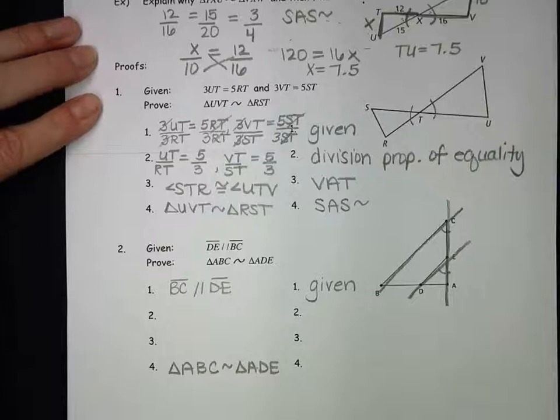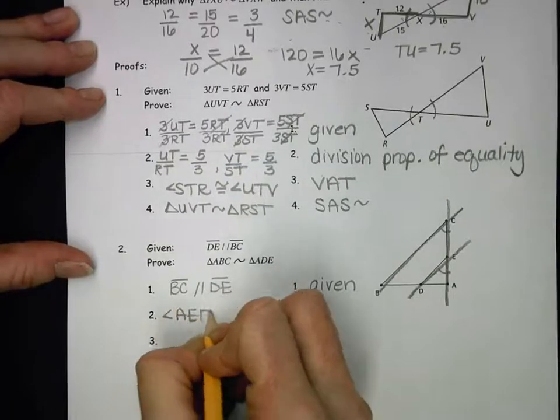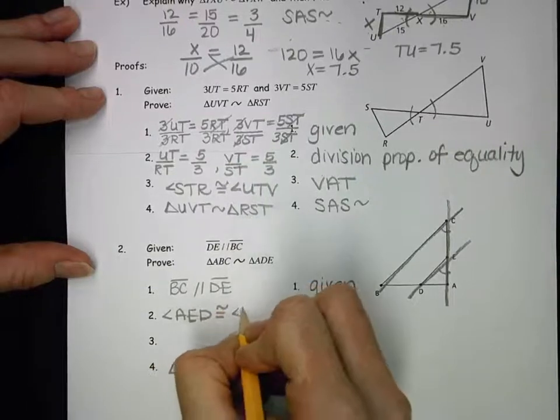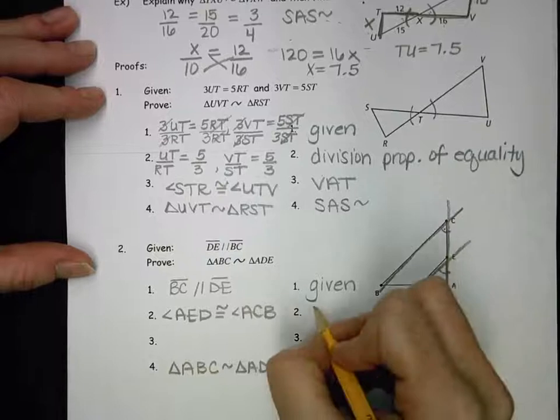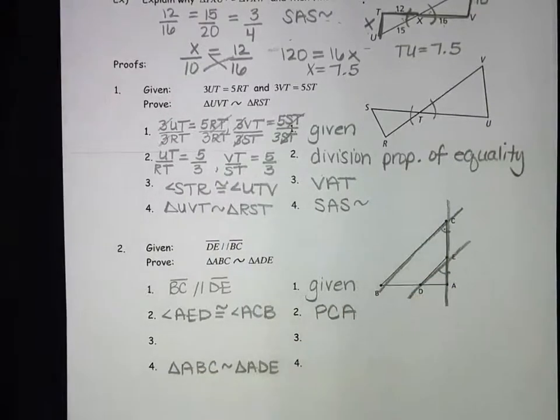So we can say that angle AED is going to be congruent to angle ACB because these are corresponding. So because my lines are parallel, my corresponding angles are equal, and we can say that is called PCA. Parallel lines mean corresponding angles equal.